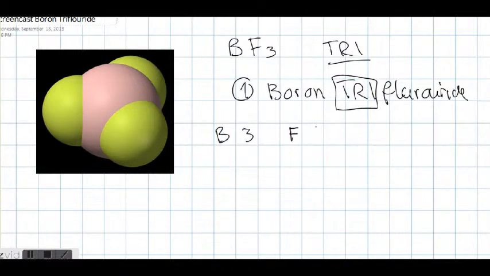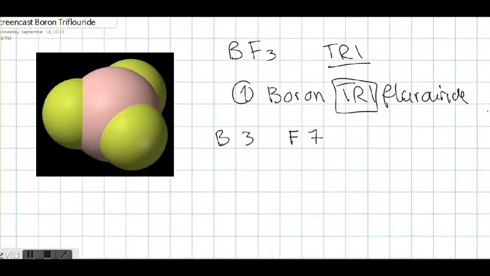So for fluorine, it's 7. Now, once again, we have to add these together to know the total amount of valence electrons. But before we do that, let's check if there are more than one boron or fluorine in the compound.